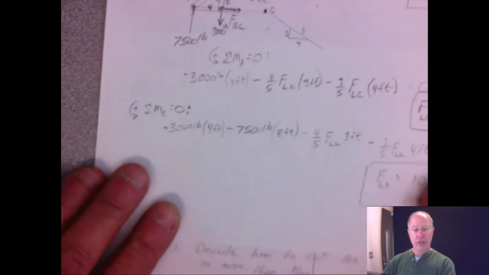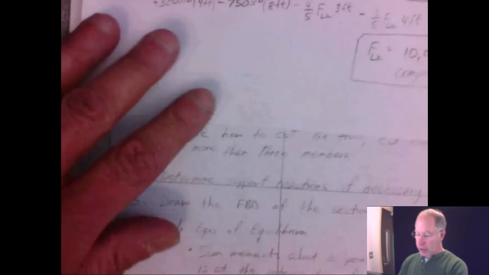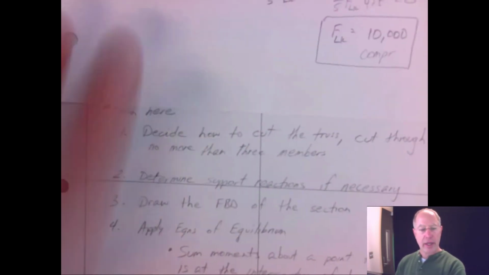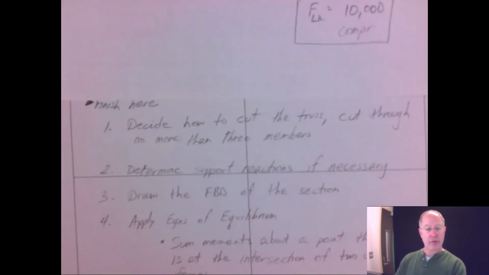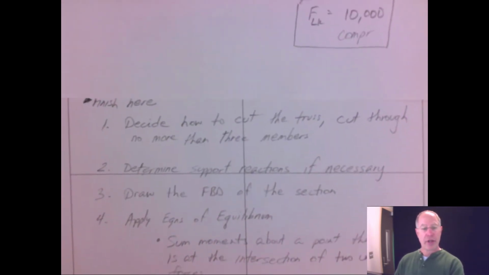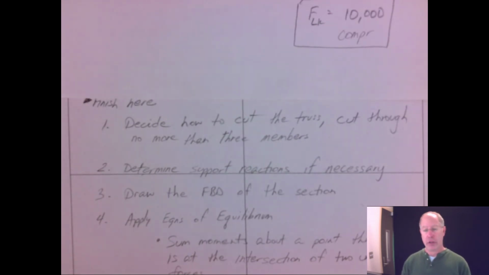So here are the steps we just went through. Decide how to cut the truss, and cut through no more than 3 members, because you just have 3 equations of equilibrium. We only used summing moments for this problem. We still had 2 more equations available.